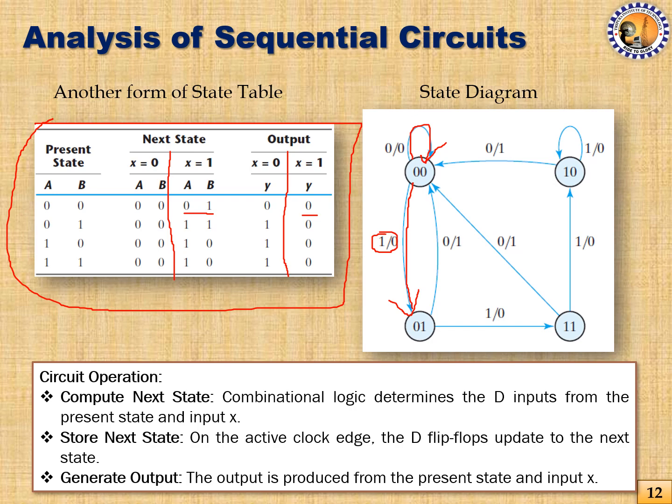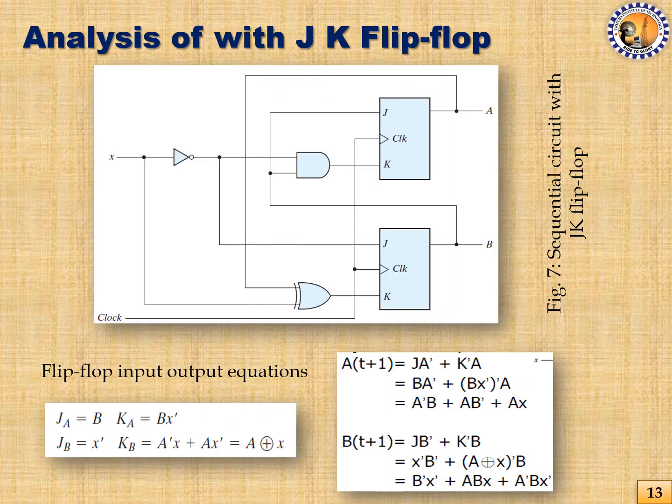The D flip-flop updates the next state, and thereafter, based on the expression, the output will be generated, which is actually based on the present state and the input condition. So this is the analysis of a sequential circuit.